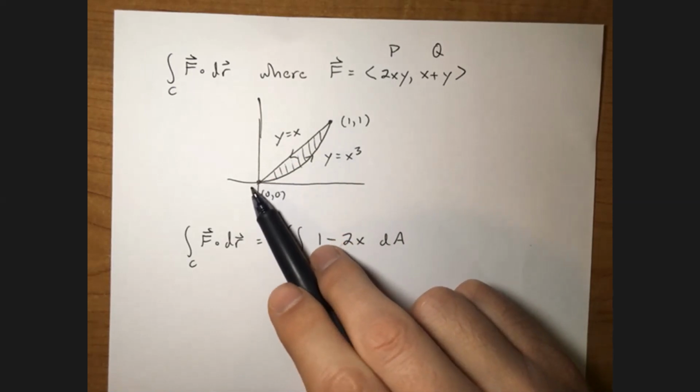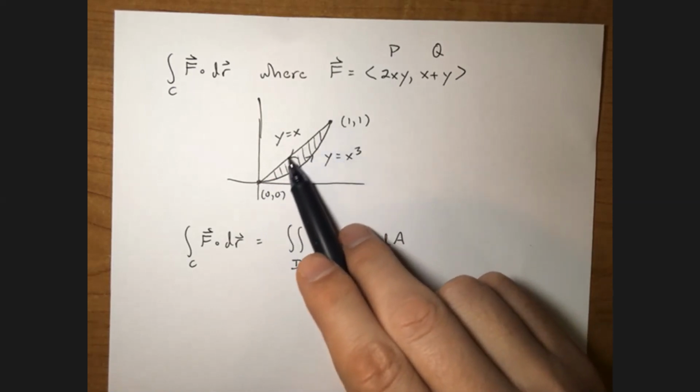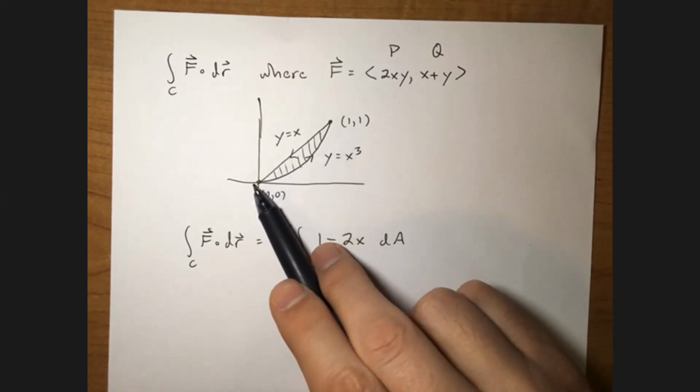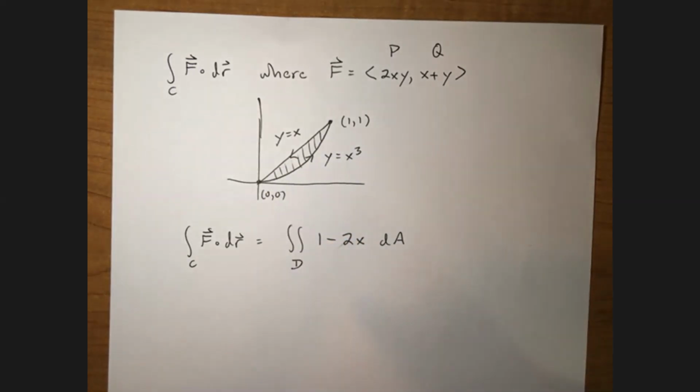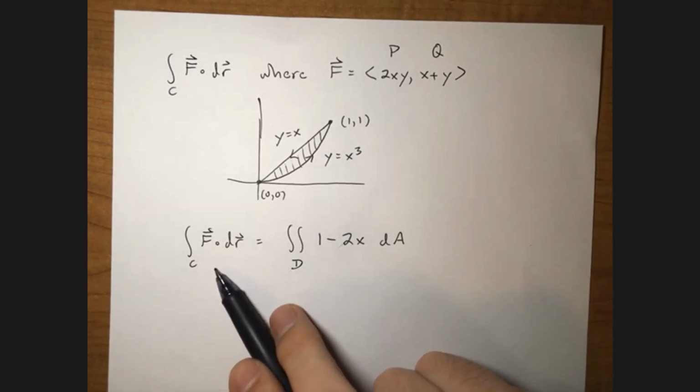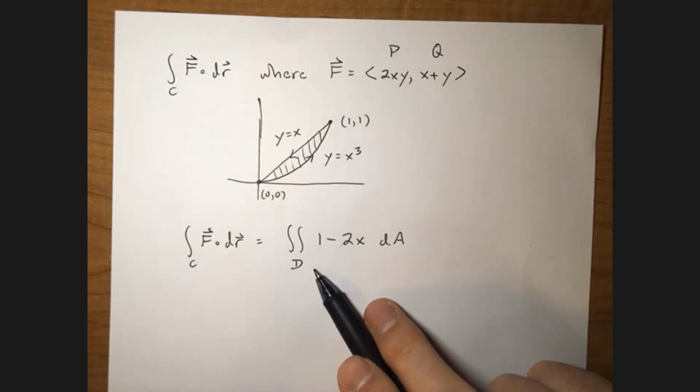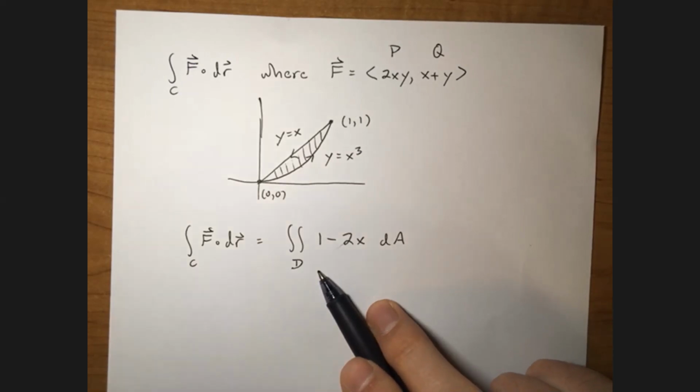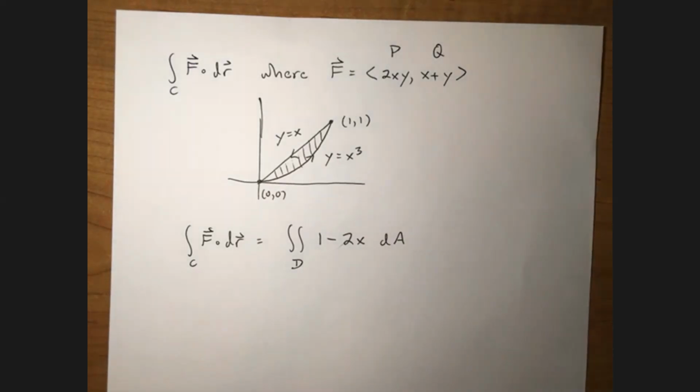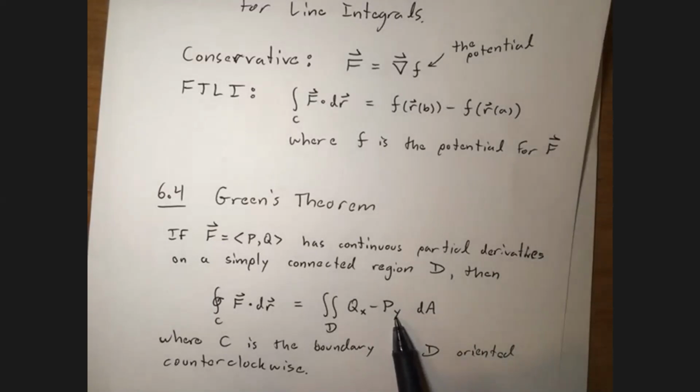So this describes a curve oriented counterclockwise. What we want to do is this line integral, which becomes, according to Green's theorem, a double integral. The double integral that we do is qx minus py.